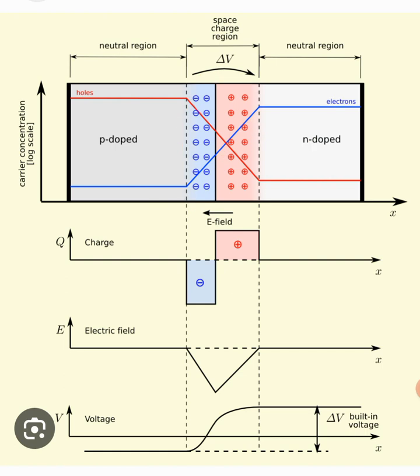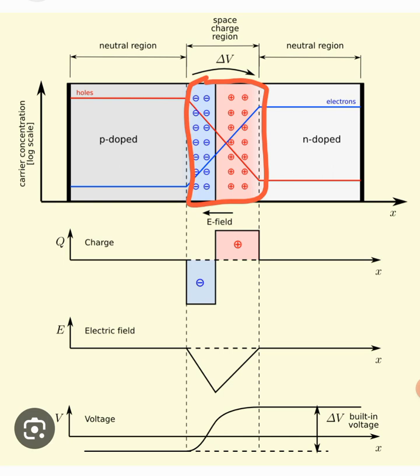Similarly, some electrons get filled by the holes in this region when the holes travel from the P type material towards the N type material. So this region is called the space charge region or depletion region.